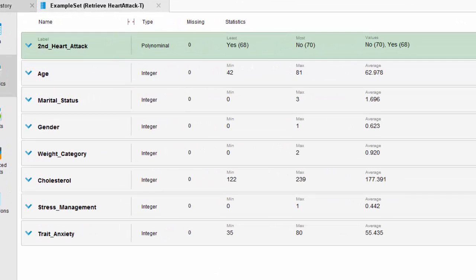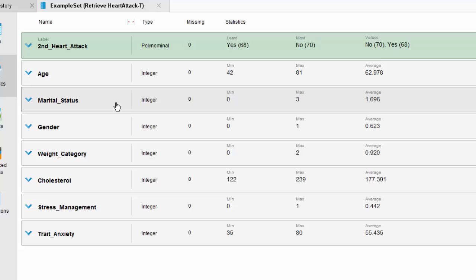You can see that I have already flagged second heart attack as my label variable, or my target variable, my variable of interest. Now let's get to know the dataset a little bit better. Age refers to the age of the person in years.